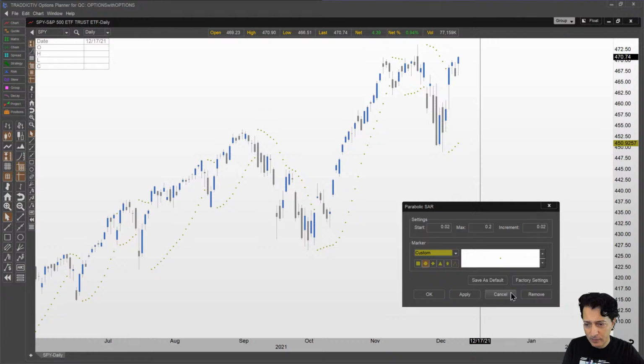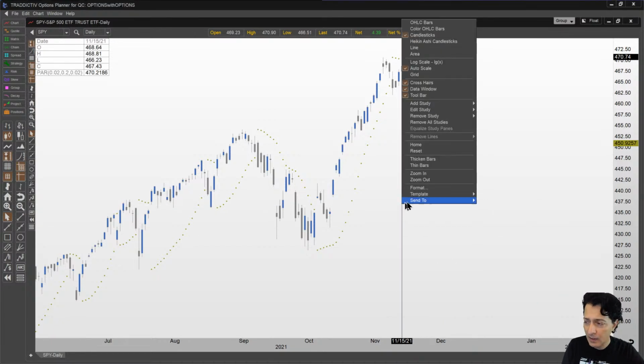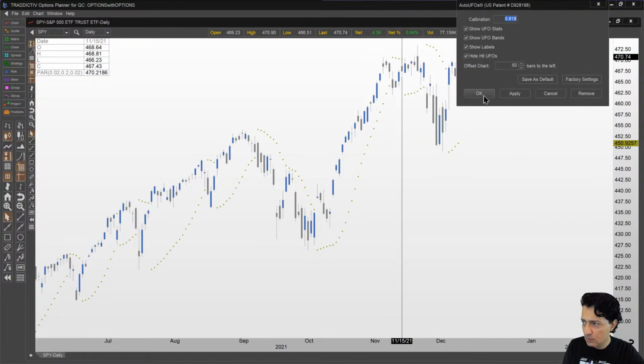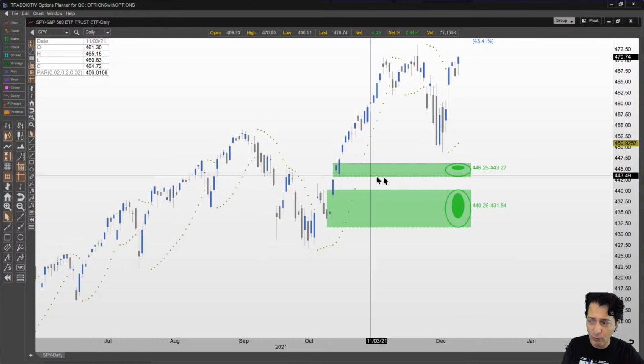Well, some traders may consider a trend has changed when Parabolic SAR changes, and therefore, if you were to be a very basic trend trader, what I mean by basic is that in our trading style with the tools that we have, we normally always use AutoUFOs to time the entries and the exits, to know the prices at which we buy, to know the prices at which we sell.